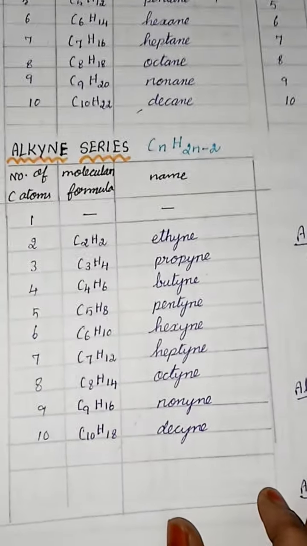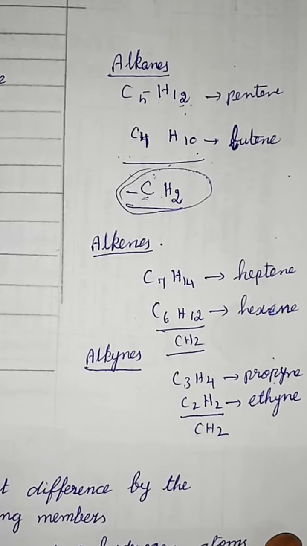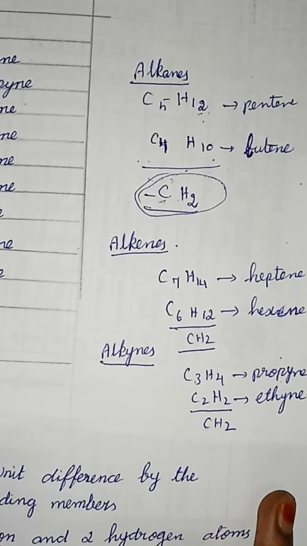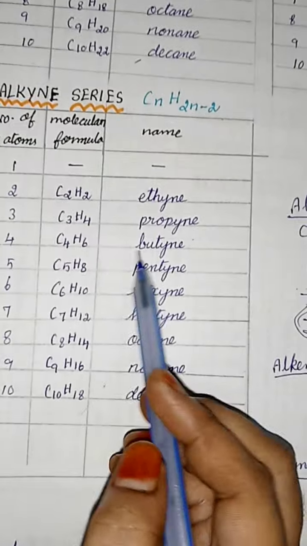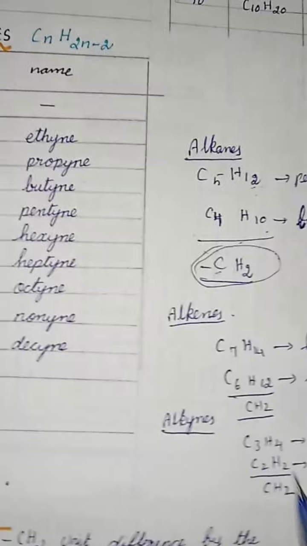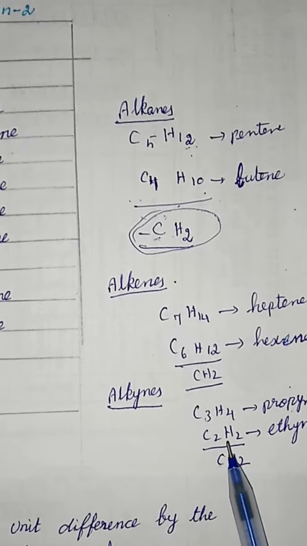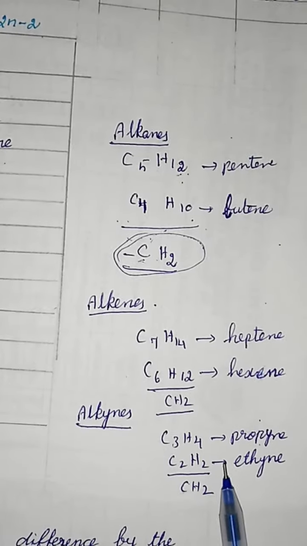Here also, alkynes. For these alkynes, for example, I take the two alkynes propyne and ethyne. What is the formula for propyne? C3H4. Ethyne, what is the formula for ethyne? C2H2.